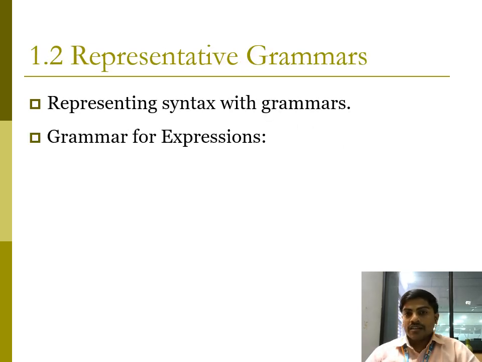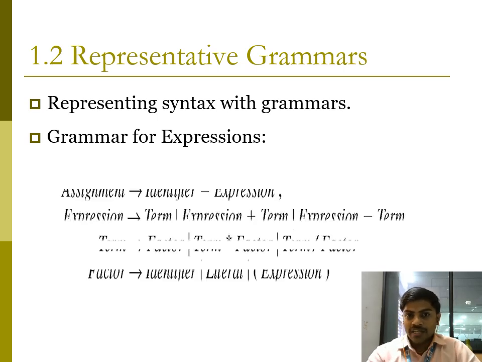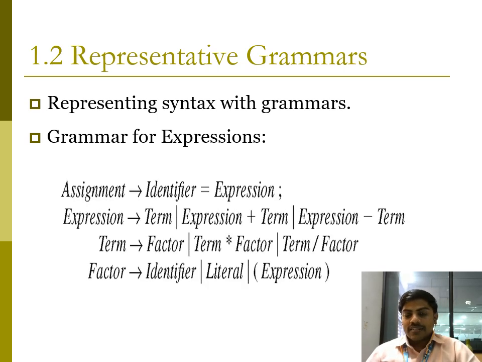So how can we represent the syntax with grammars? There is a simple example down here. Assignment is usually represented as an identifier assigned with some expression. A variable name equals some expression is the regular assignment statement. An expression can be a single term, or expression plus term, or expression minus term.